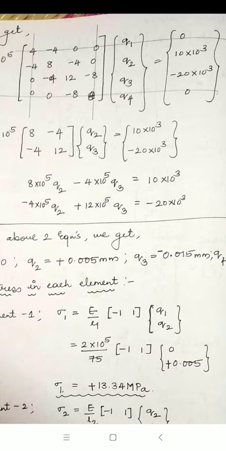This matrix I will write in the form of equations and solve them. We will get Q2 and Q3. Q2 we are getting as 0.005 millimeters. Q3 as minus 0.015 millimeters.